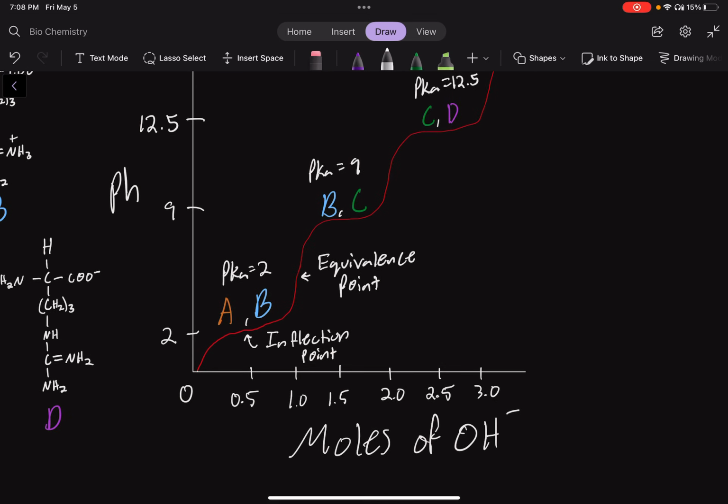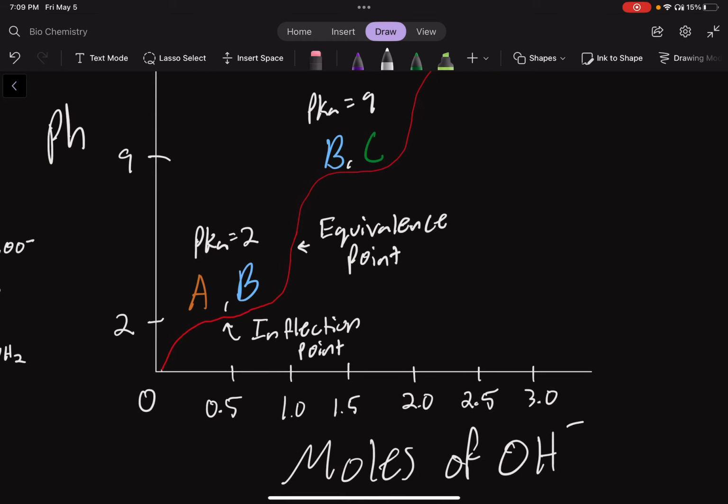This is because the moles of OH being added are half the total moles of the acid, meaning that the acid, the original molecule, and its conjugate base are in equal amounts.